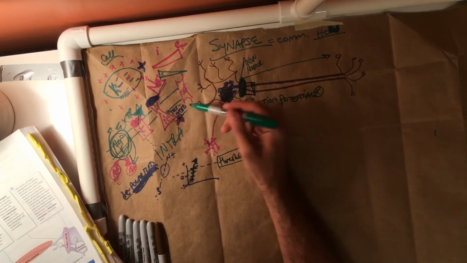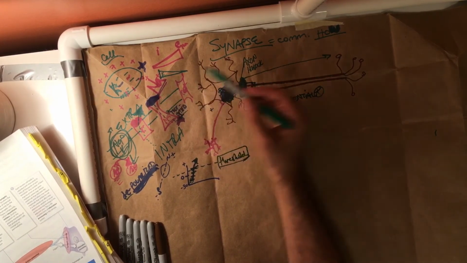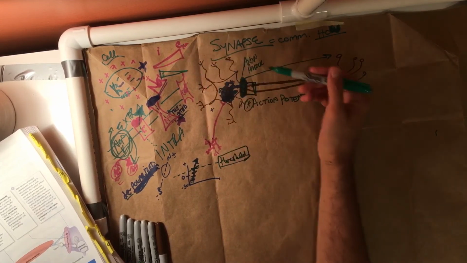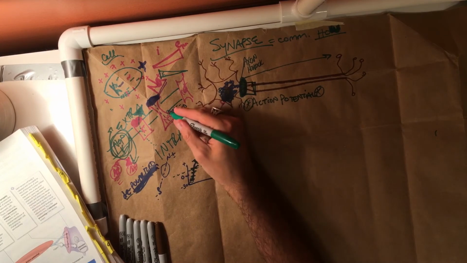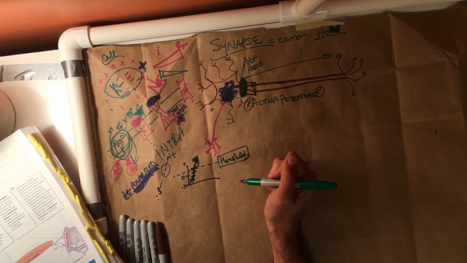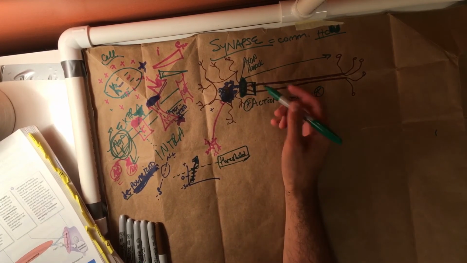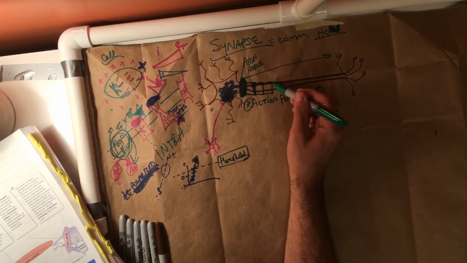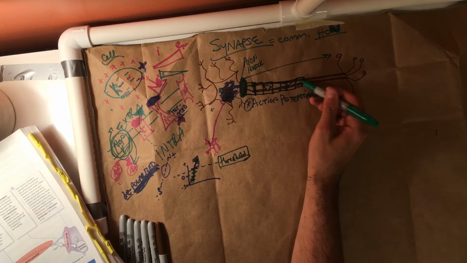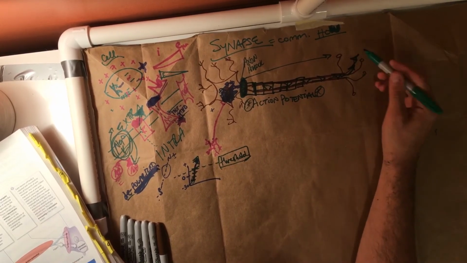The way that it spreads is because it opens up voltage-gated sodium channels. And when those open, sodium can rush into the cell down its concentration gradient. And as positively charged sodium rushes into the cell, it makes the cell more positive on the inside. And it happens there, and then just like a stack of dominoes, it happens next door, next door, next door, next door, next door. And it's traveling in this direction down the axon until it hits an axon terminal. Kaboom.